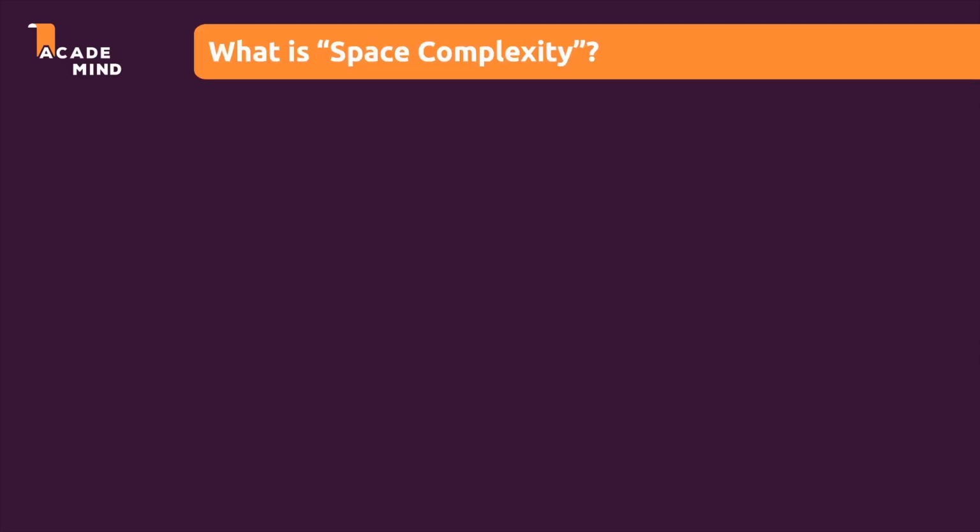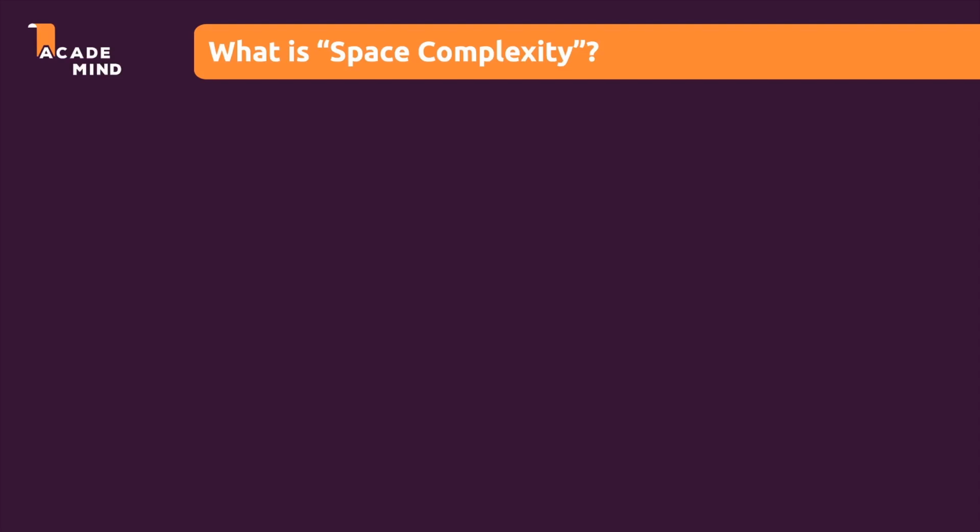So what is space complexity then? It's actually not that hard. Time complexity allows us to judge how long an algorithm will take, and more importantly, how that runtime grows with bigger input values, so with a bigger n, with longer arrays, bigger numbers, and so on.